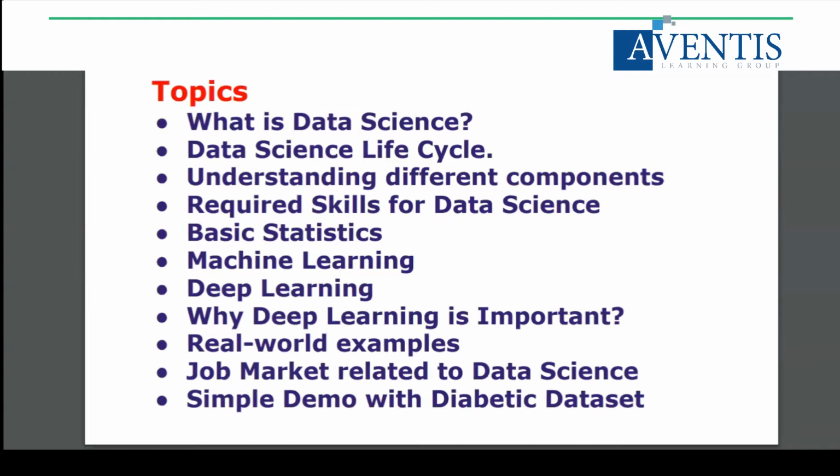After that, I will discuss the different skill sets required for data science, for example at least basic statistics knowledge, machine learning, deep learning, and why deep learning is extremely important.